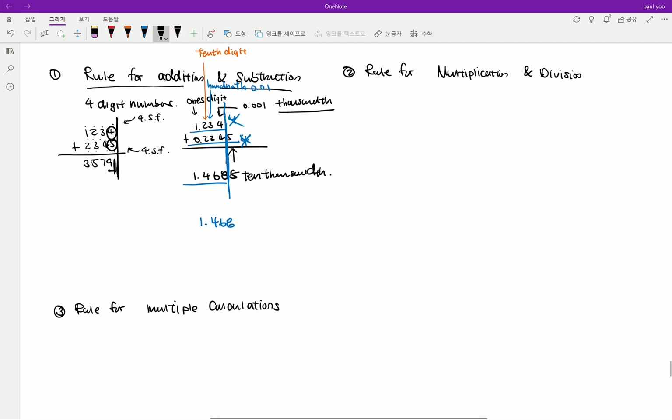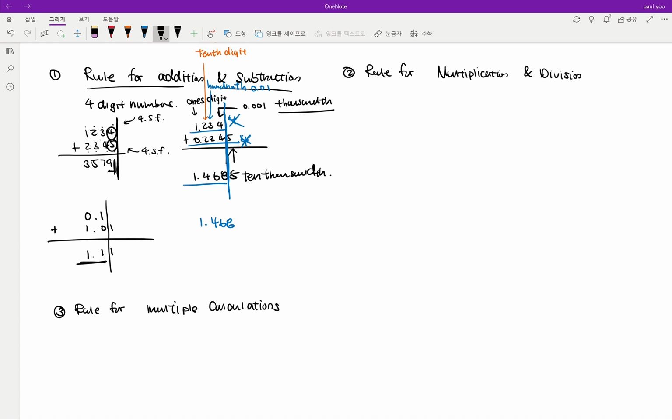What I meant by that is, let's say you're given 0.1 plus 1.01, then you will get 1.11 right here. But the greater place for the sig fig is going to be right here.